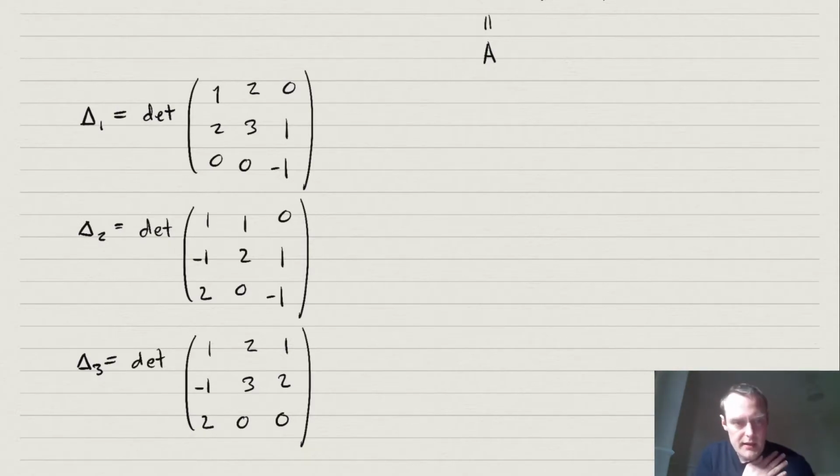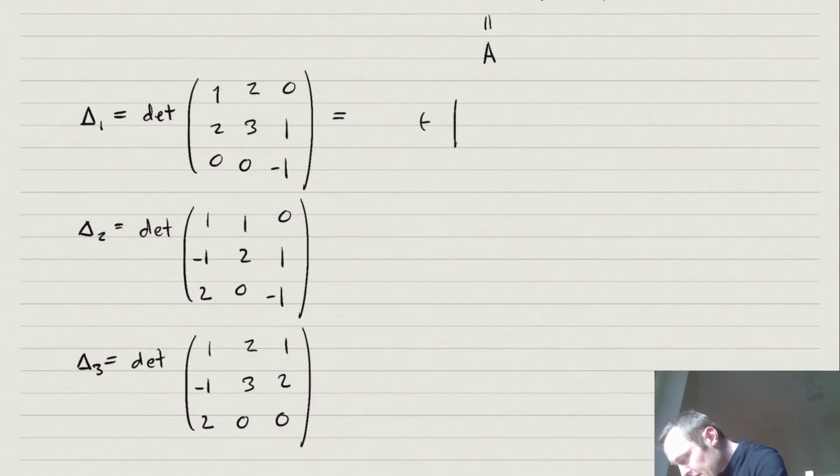Okay, so we need to calculate each of these determinants. Now, it's going to speed us up that two of the elements in this row are 0. And so we can, I guess, count along the bottom row, in which case we'll get 0, 0, and the only one that matters is the minus 1 multiplied by 1, 2, 2, 3.